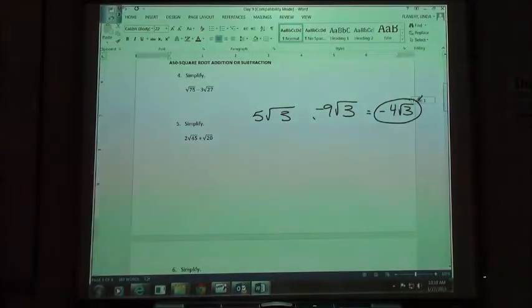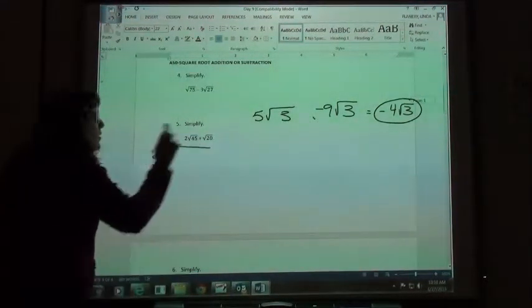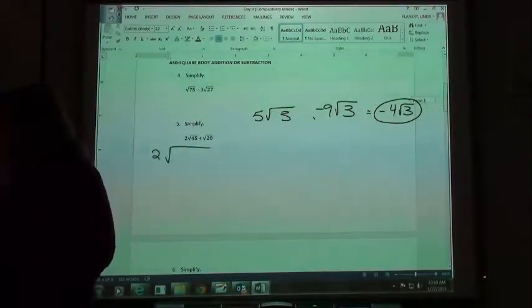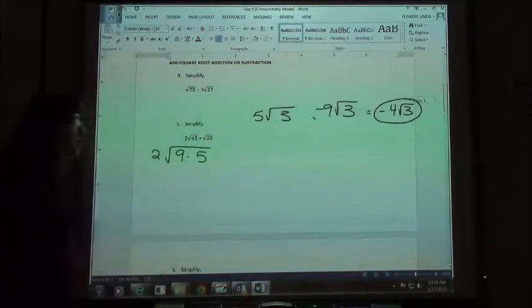So number 5 there, we have 2 square root of 45. I'm going to leave the 2 for now. I'm going to factor the square root of 45. Biggest perfect square that divides into 45. 9, exactly. 9 times 5 is 45.